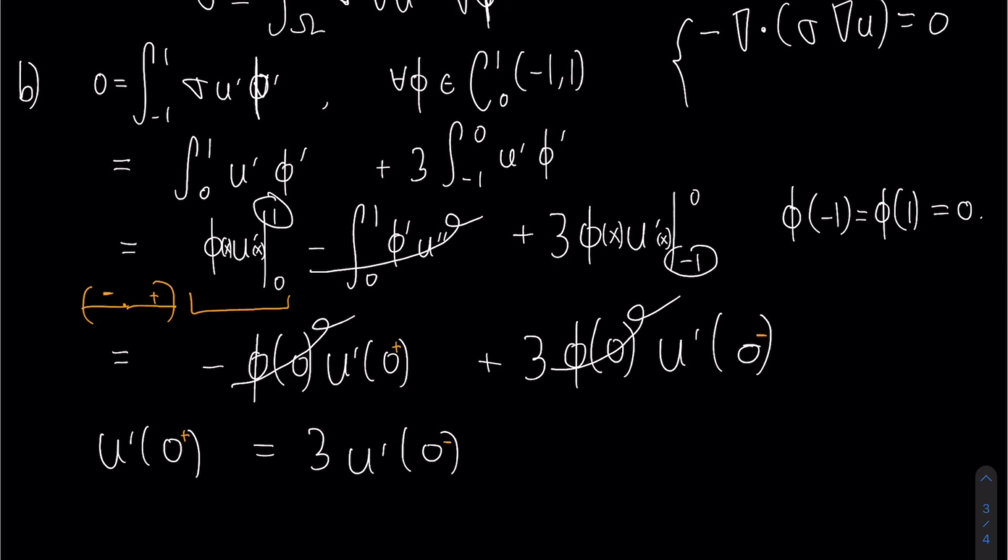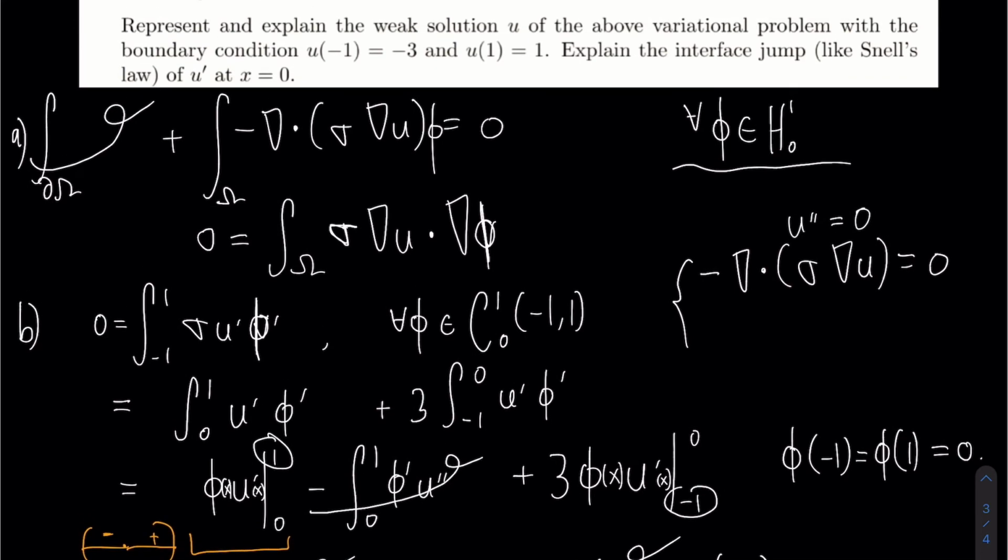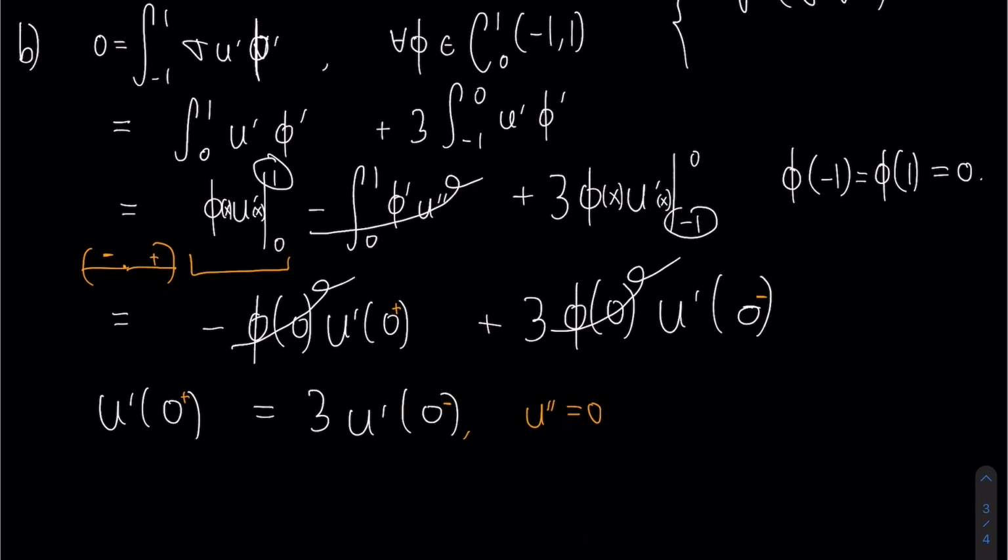So how should we draw this? We have the second derivative being equal to 0. We're also given boundary information: u of -1 is -3, u of 1 is 1. Furthermore, at 0 we have the derivative information, which we could also derive. How do we incorporate all this information together?